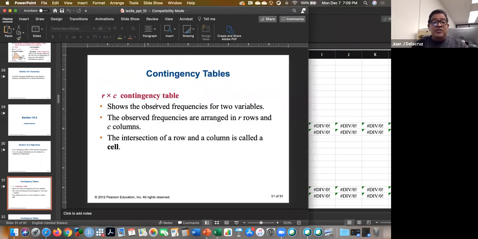So we are gonna use what is called contingency tables. So we are gonna have rows and columns. So this contingency table shows the observed frequencies for two different variables. So the observed frequencies are arranged in R rows and C columns. So the intersection of a row and a column is going to be called a cell.